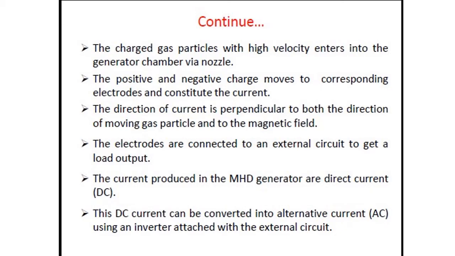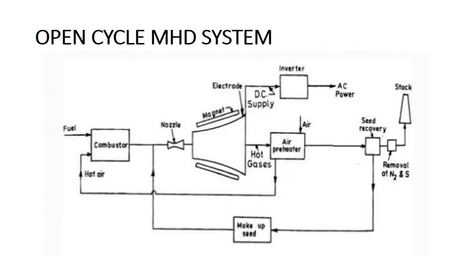with the external circuit. Next, we are going to discuss the two types of MHD system, that is the open cycle MHD system and the closed cycle MHD system. So first we will discuss the open cycle MHD system. Here you can see there are two chambers, the combustion chamber and the generator chamber.